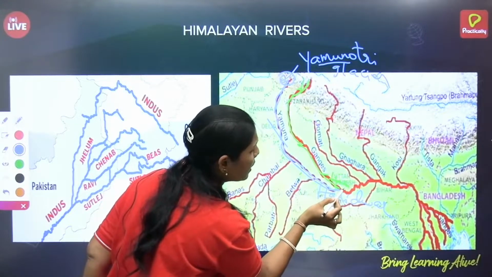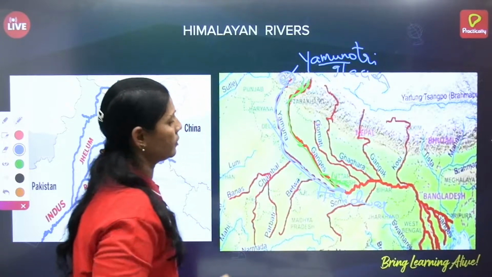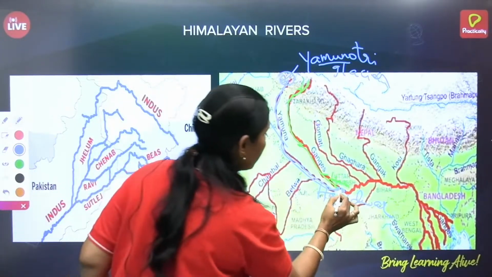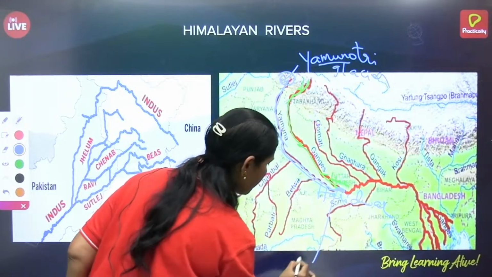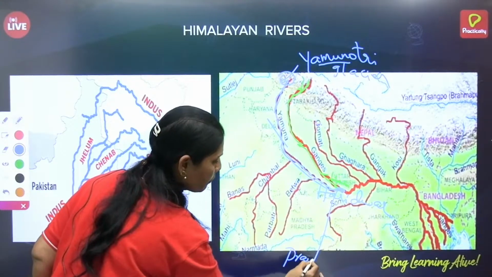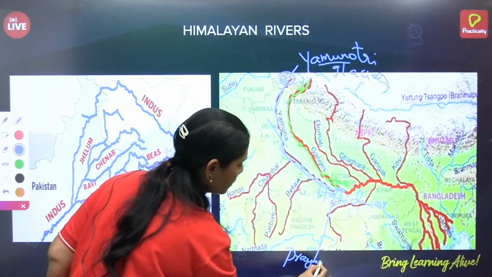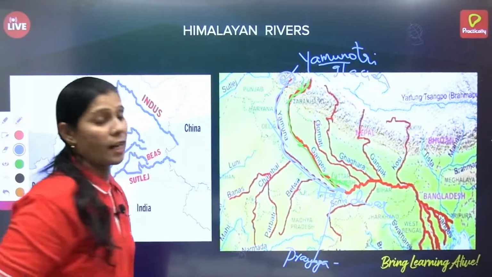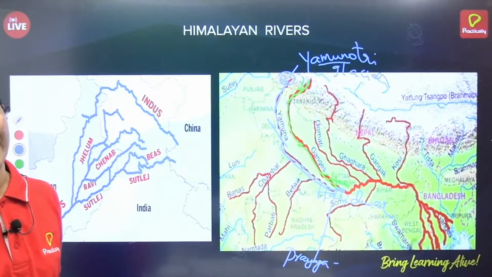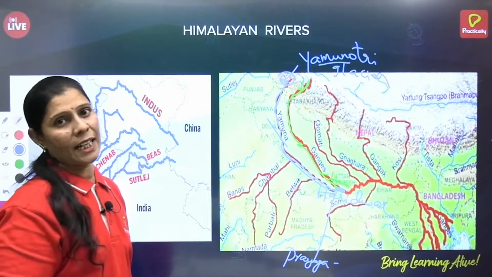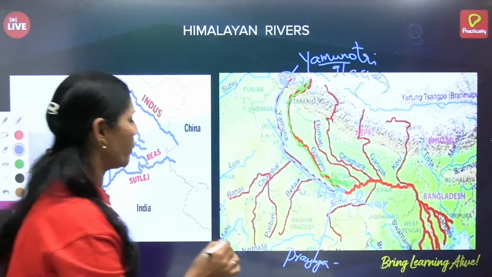The Yamuna joins the Ganga at a place called Prayaga in Allahabad, which we call Sangamam.